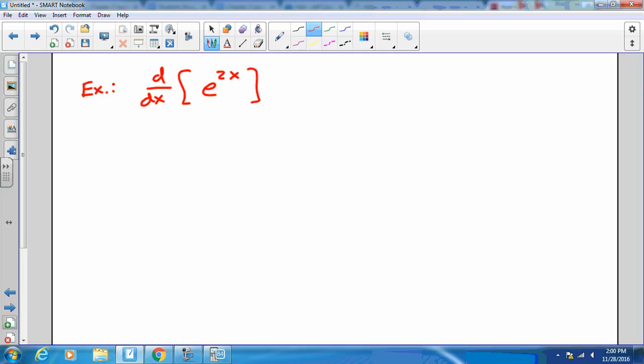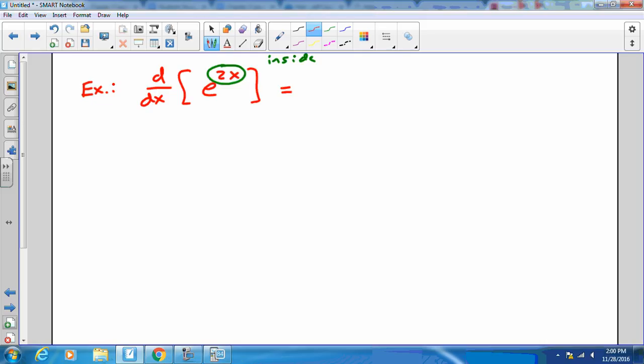Okay. So what happens now when I differentiate functions that are exponential, like so? When I differentiate an exponential function, the exponent is the inside function. So I'm going to think of this as a chain rule situation in which I have an outside function, exponential, times the derivative of the inside.